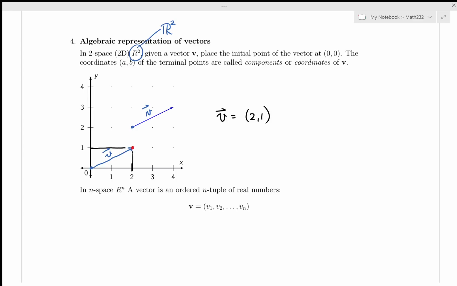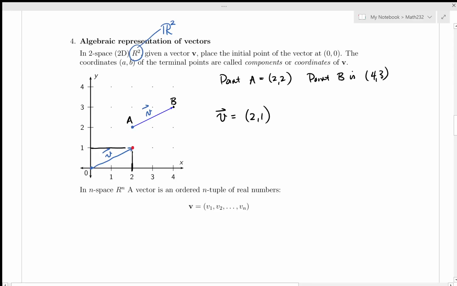The other thing I could do is label this, for example, point A and point B. I would notice that point A is (2, 2) and point B is (4, 3).